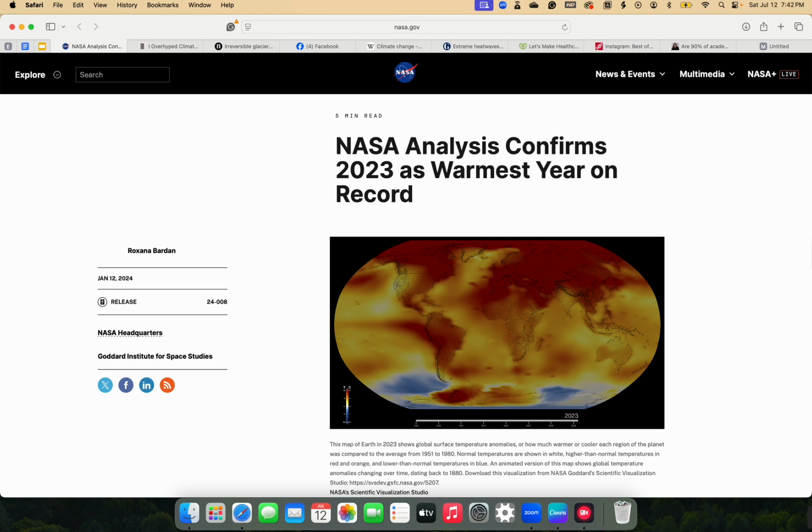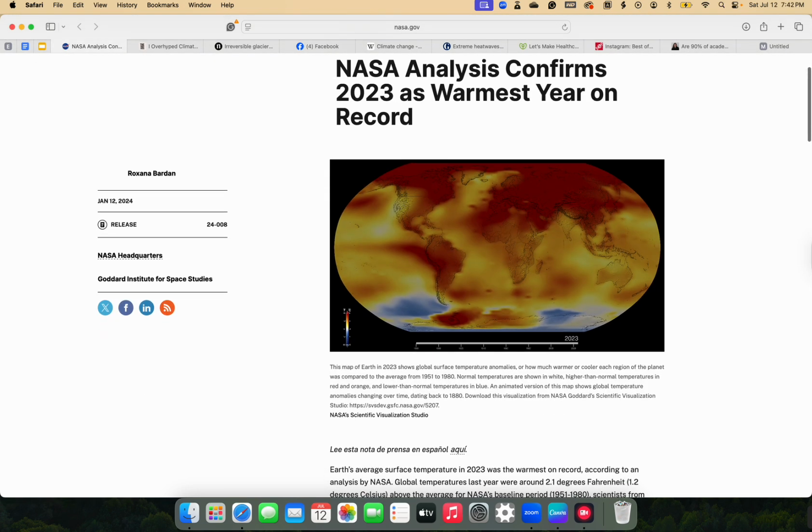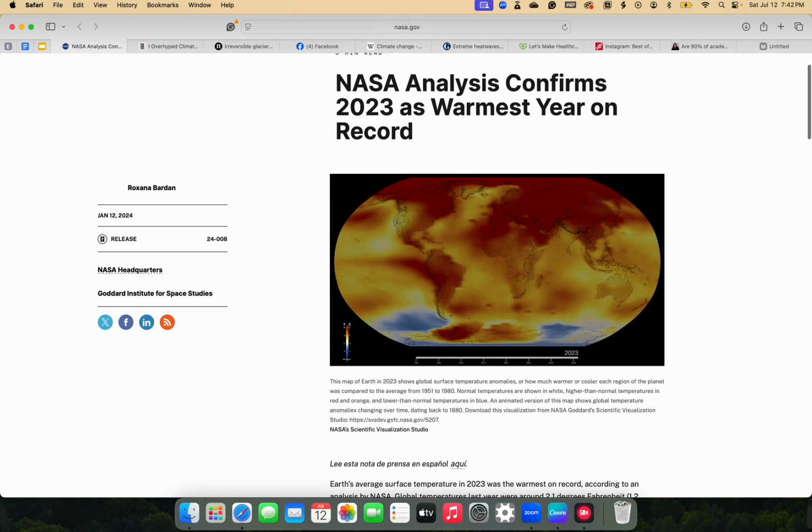Then relevance. Does it fit our needs? It confirms that it is the warmest year on record, which is about climate change.